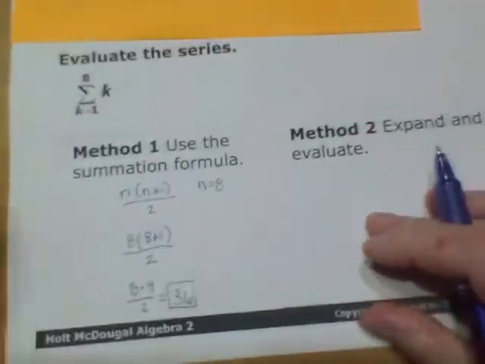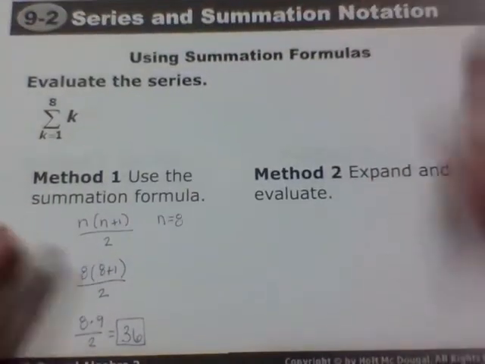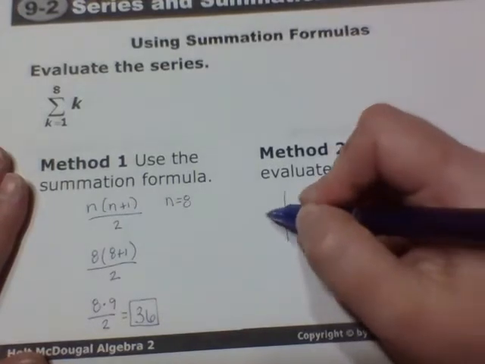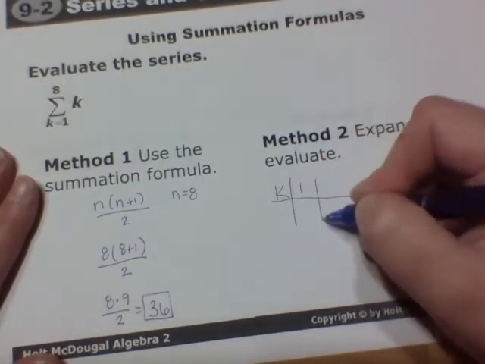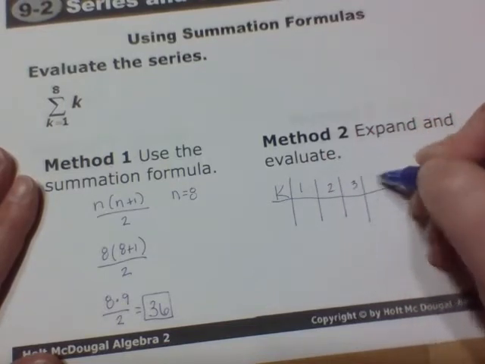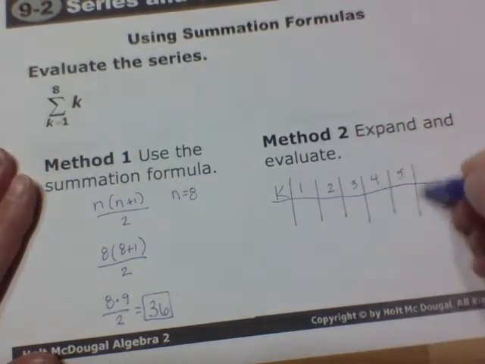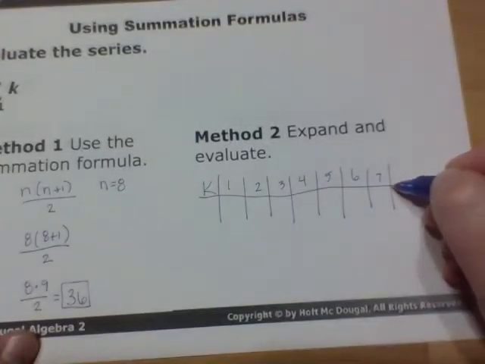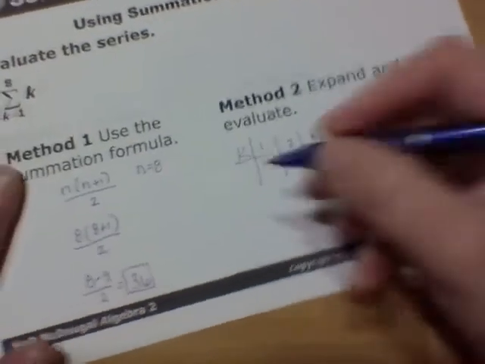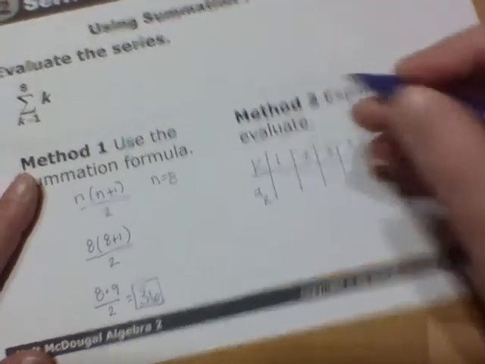Okay, so formula. However, the expanding and evaluating says that we're going to take our term number, which in this case is 1 through 8, and plug it into the formula and list it out.